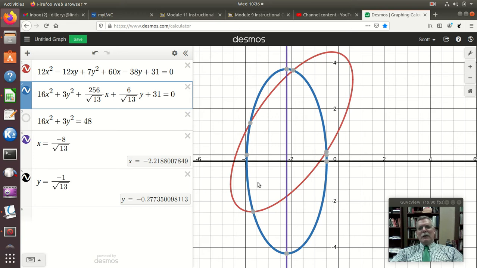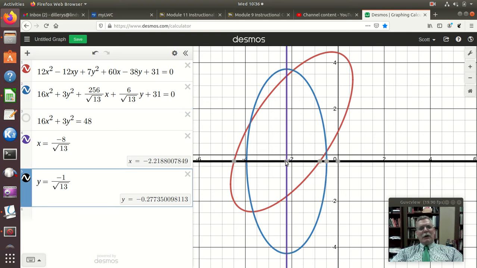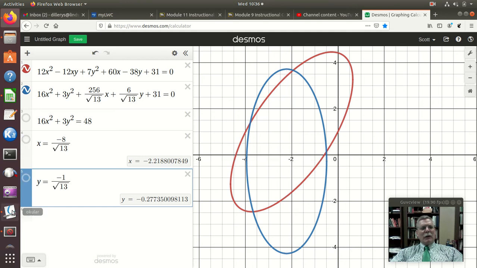And y, this one's a little harder to see, but yes, there's the center of this thing at that x and that y. And so I know how much this needs to shift by those amounts by doing the derivative. Now they, though, so I'm going to turn those back off, go back here.